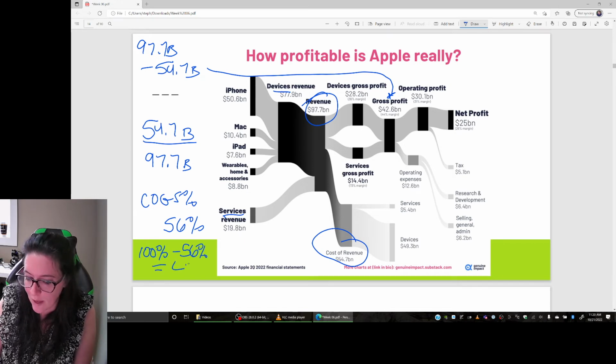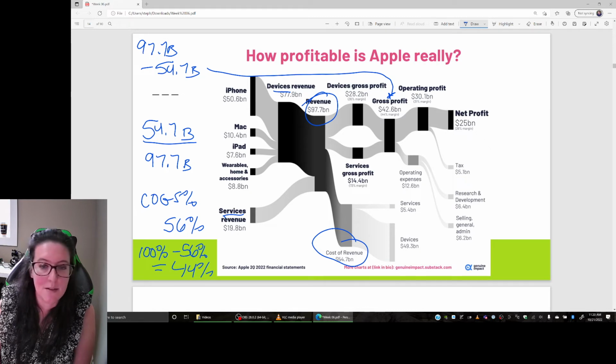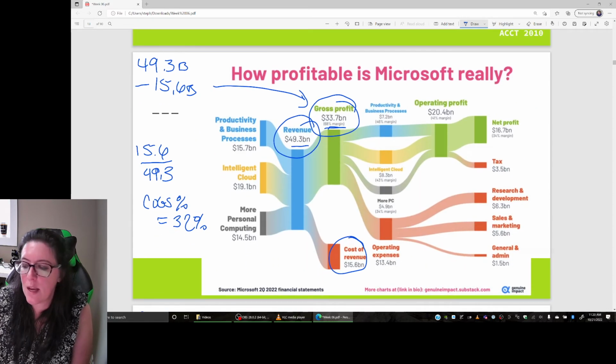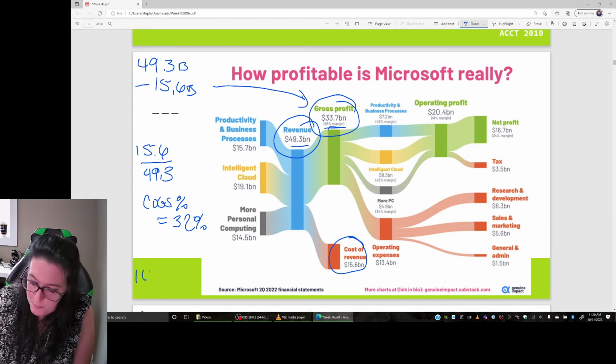And we would have gotten that same 44%. Same thing back up here with Microsoft. Instead of taking gross profit divided by revenue and calculating that 68%, we could have simply taken 100% minus 32%, and we get that 68%.